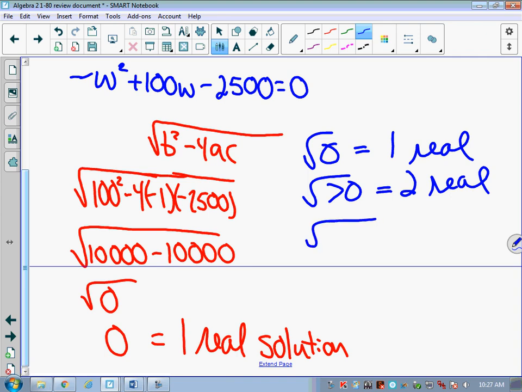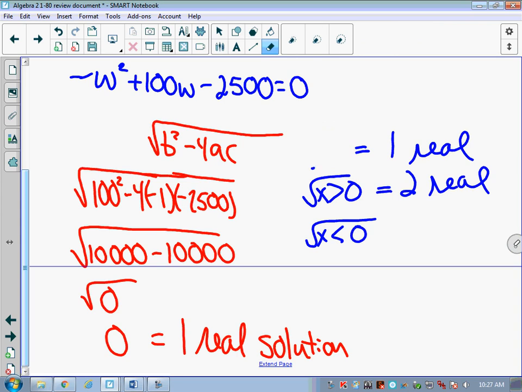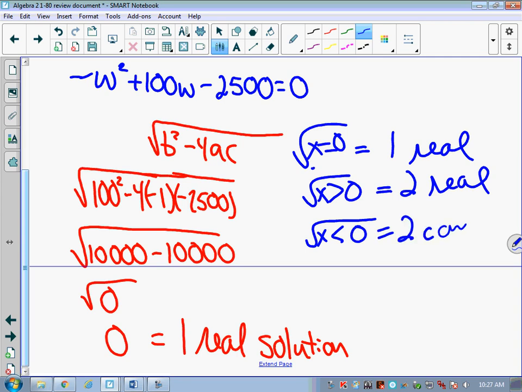If I get square root of something less than 0, let's say, okay, here, let's change that up a little bit. Square root of x equals 0. This is too complex.